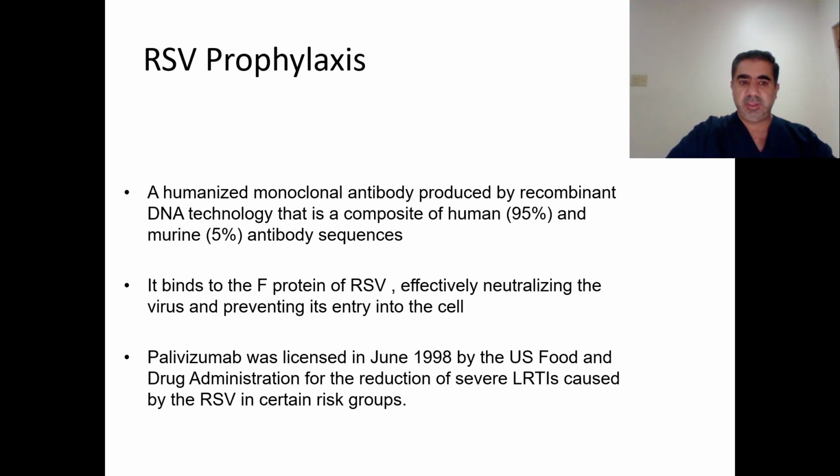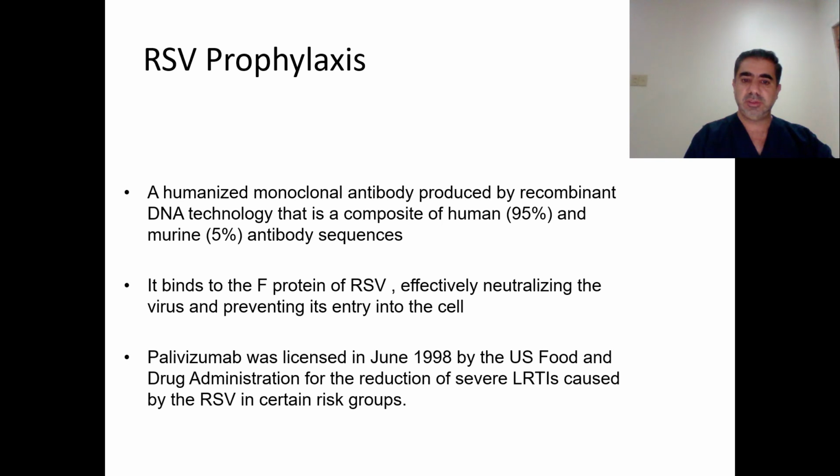Now, RSV prophylaxis. What's RSV prophylaxis? It's a humanized monoclonal antibody produced by recombinant DNA technology that is composed of 95% human and 5% murine antibody sequence. It binds to the F portion, remember the F protein, of the RSV, which is the protein used for penetrating the cells.